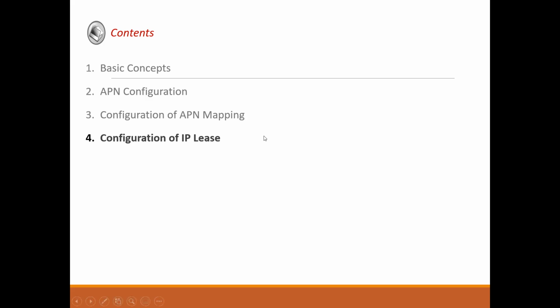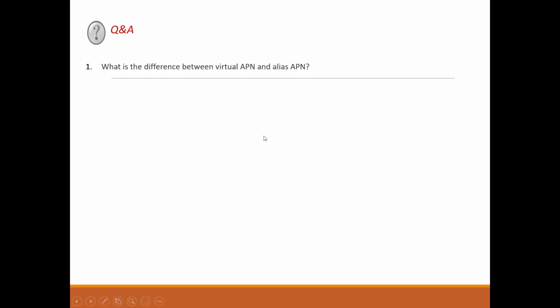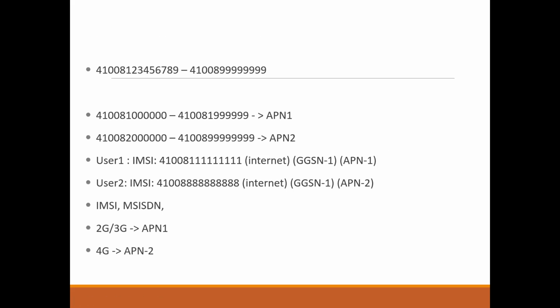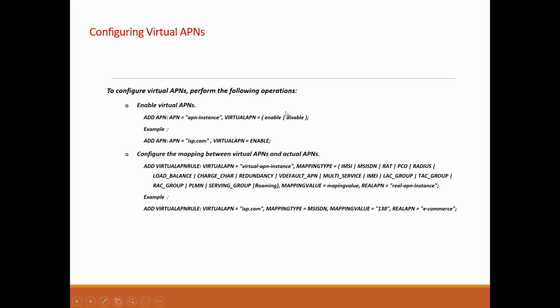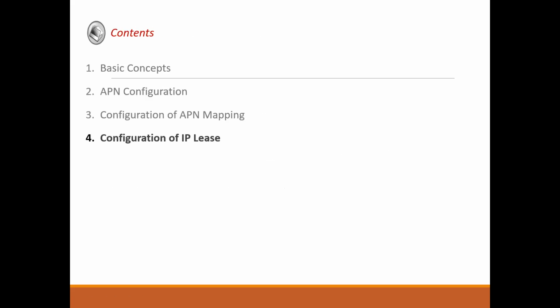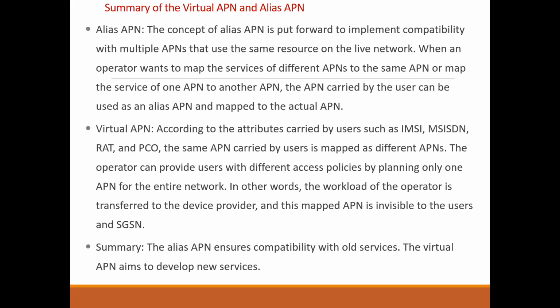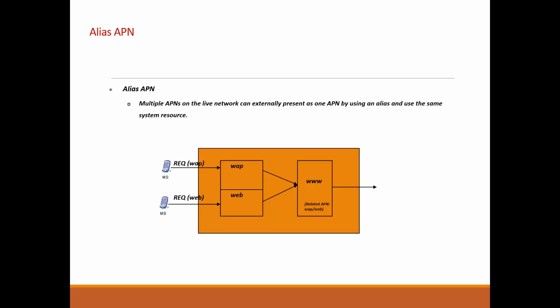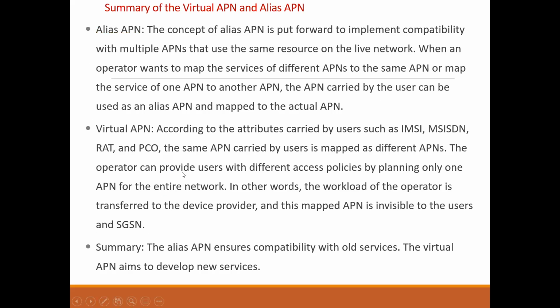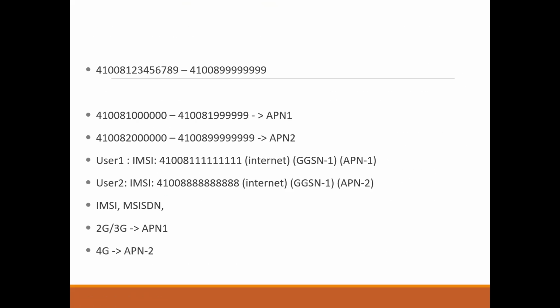Yasir, a virtual user, I just explained. If you can see here, this is used to ensure that alias APN that your old is moved, and your virtual APN is basically used if you need to segregate your traffic based on some specific parameter.